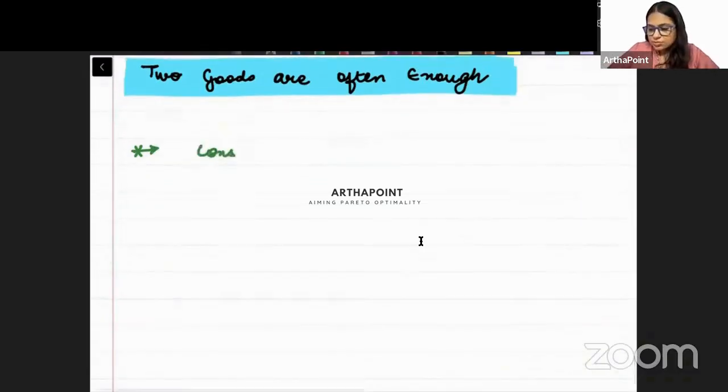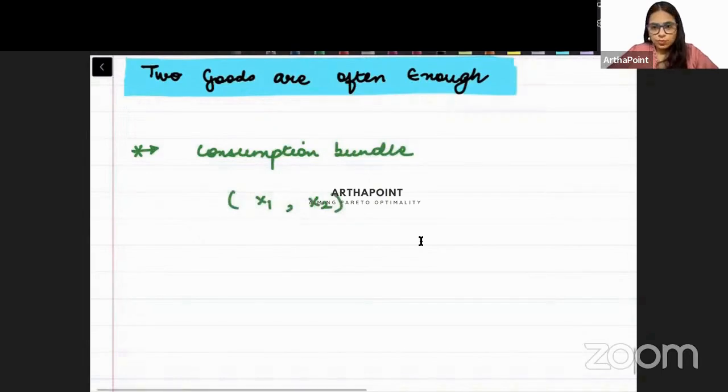That our consumption bundle only has two goods, x1 units of good 1 and x2 units of good 2.